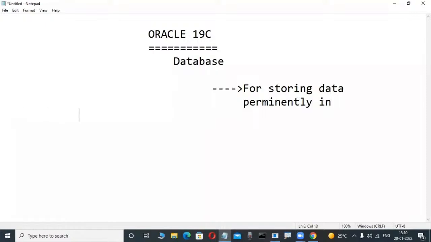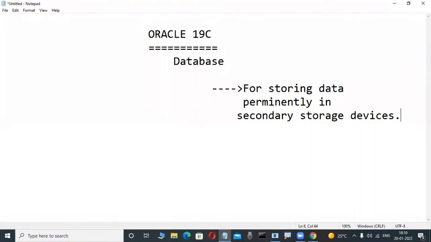Secondary storage devices means hard disk, for example. Permanent: suppose today we store our data, after 5 years, 10 years, 20 years, even 100 years your data is still available.